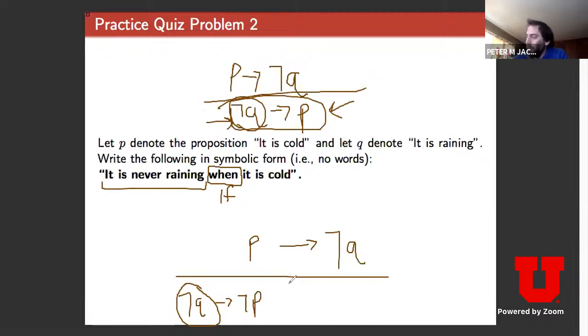So this statement in particular says, if it is not raining, then it is not cold. But our statement makes no assumption about what happens when it does not rain. It doesn't tell us anything about the consequences of it not raining. It only tells us about the consequences of it being cold. So that's why this hypothesis is not reasonable here.